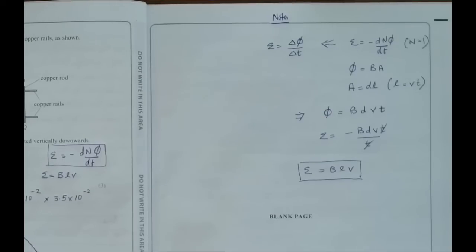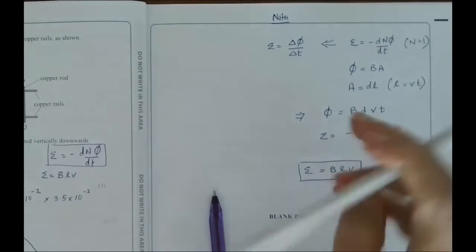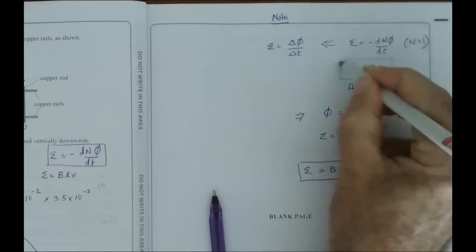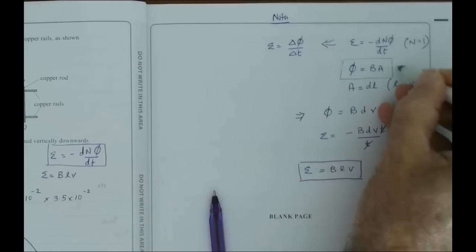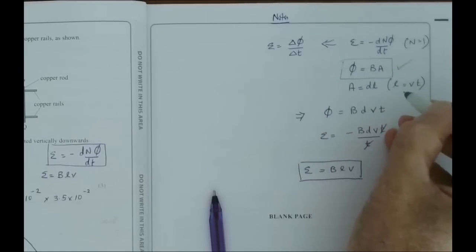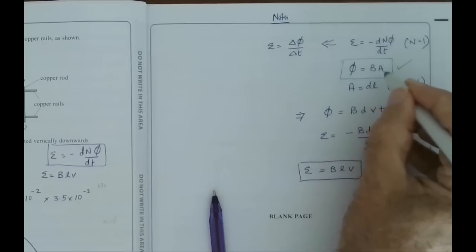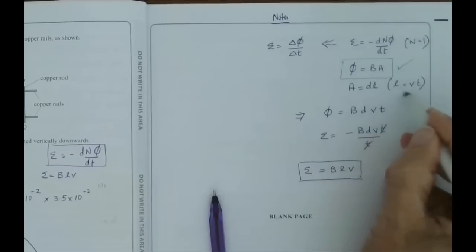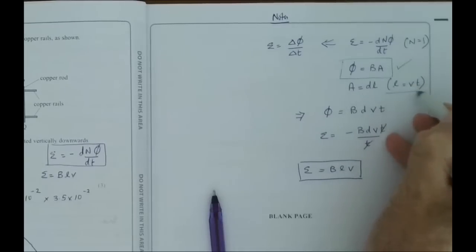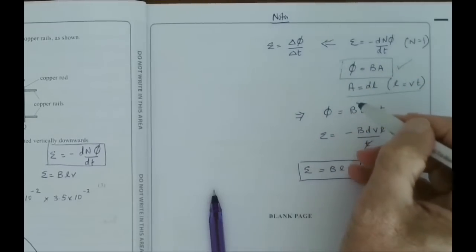And in the exam, as long as you have shown that phi is equal to BA, and you have worked out the area to do with the amount of flux linkage that occurs, you'd have to actually be able to work it out. As long as you've used it along with this kind of maths, that's your first mark.